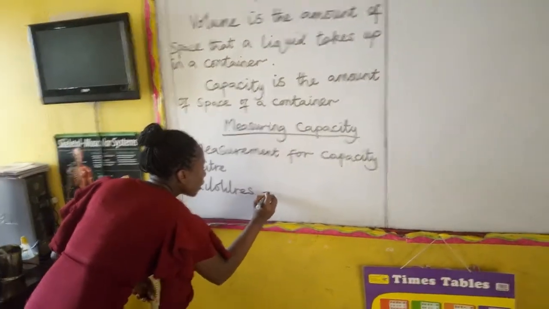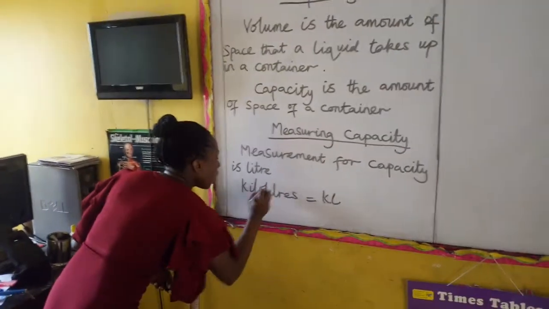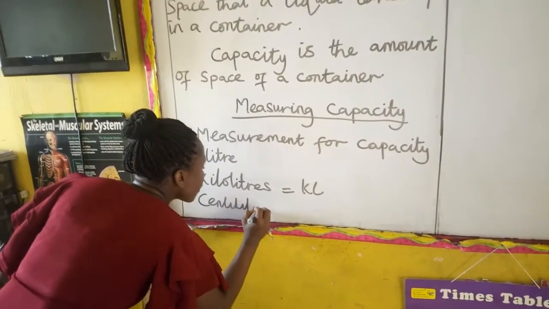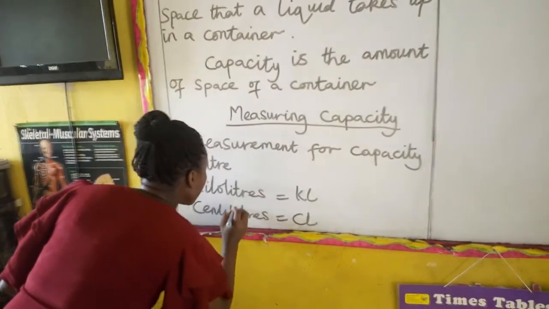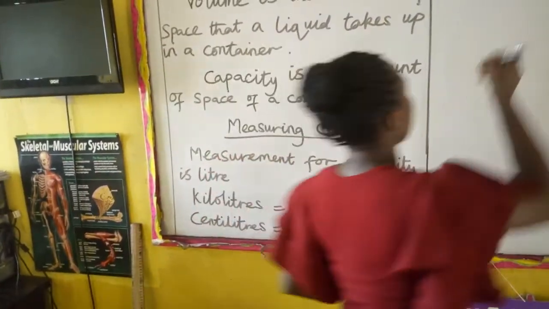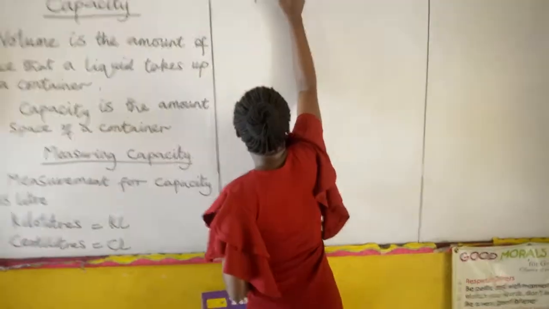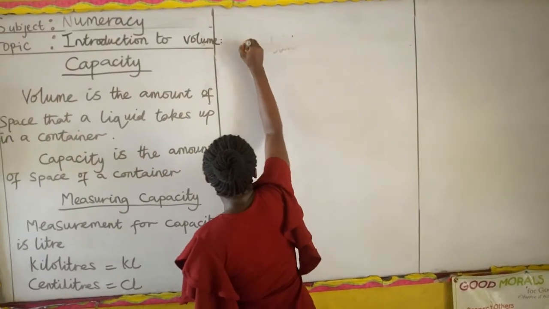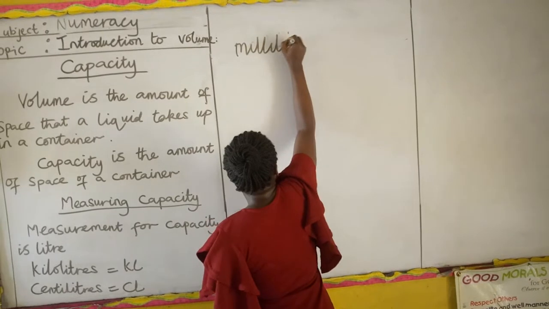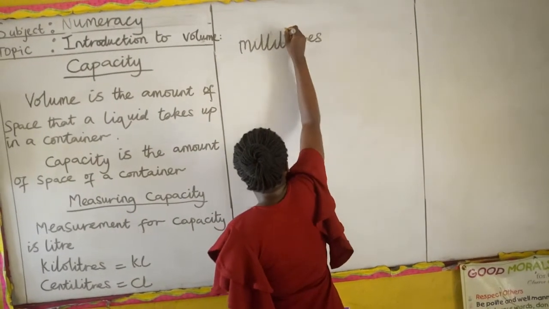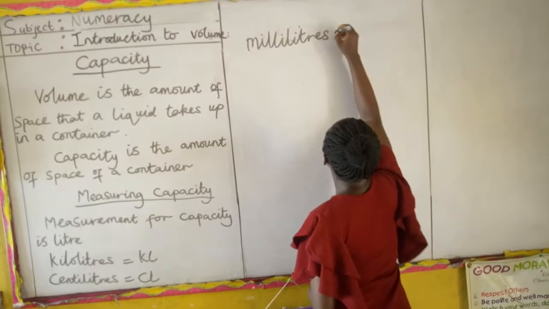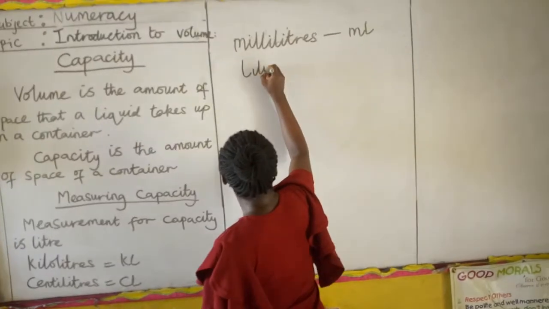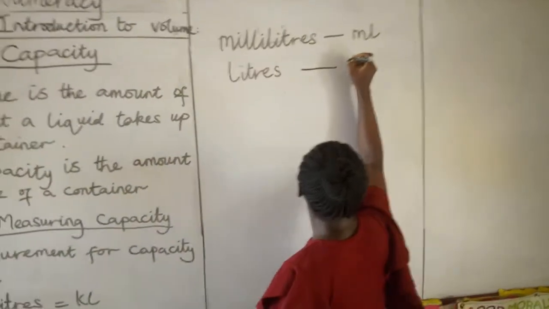Kiloliters equals KL. We have centiliters, which are CL. You see them shortened like that. And then we have milliliters, which is ml, and then we have liter itself, liters, which is L.